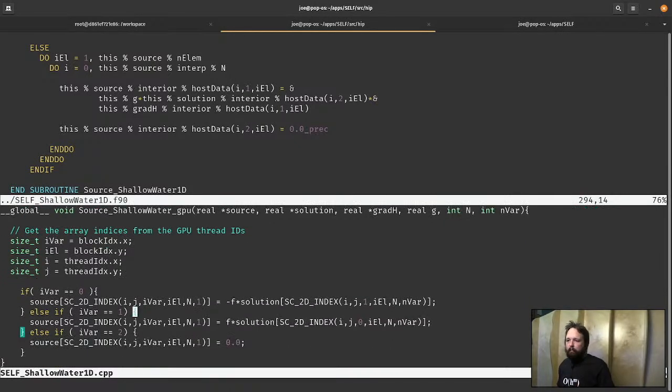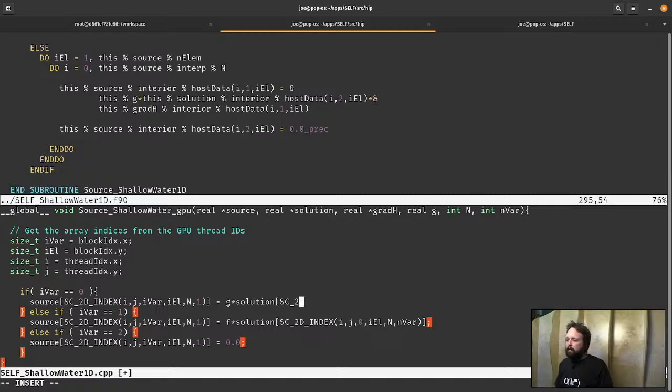So what I have for the first variable, this is the fluid thickness in 1D, I've got g times the fluid thickness multiplied by the gradient in the bottom topography. Okay, so that's what we'll do here. I've got g times the fluid thickness, so that'll be solution.